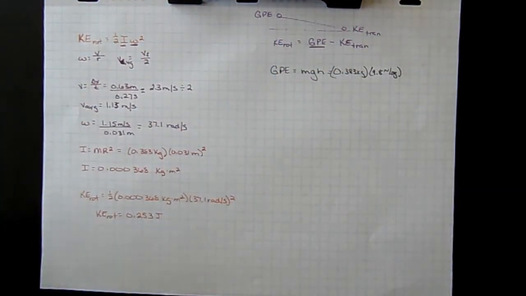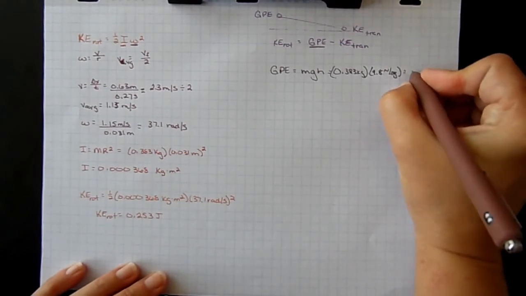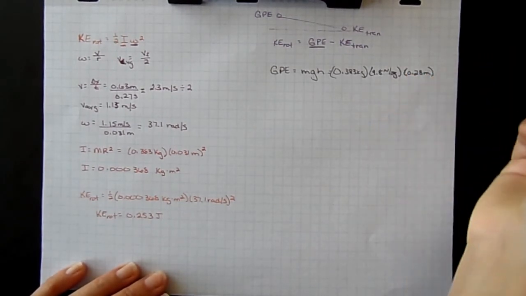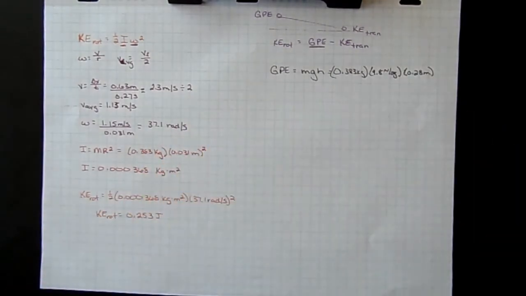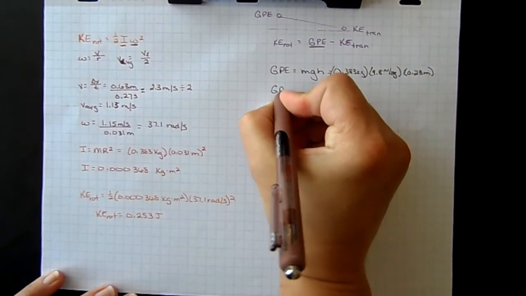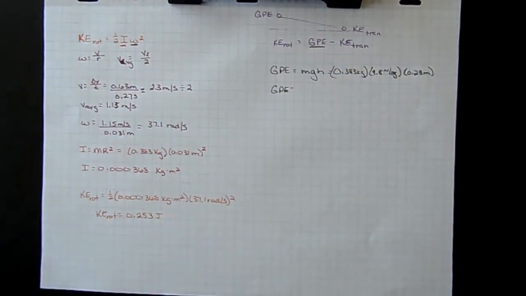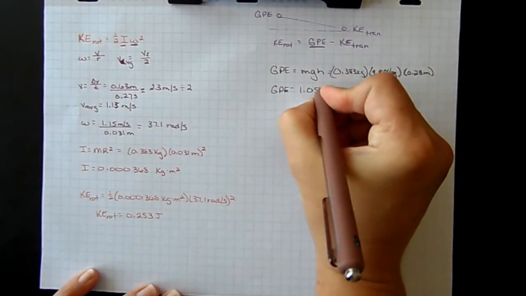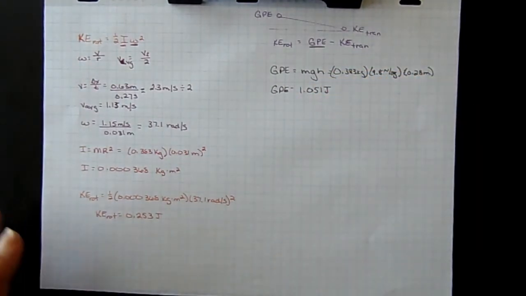Mine was about 28 centimeters, so 0.28 meters. Again, I'm making these numbers up, so don't copy my answers. Our gravitational potential energy is 0.383 times 9.8 times 0.28, and that gives us 1.051 joules.